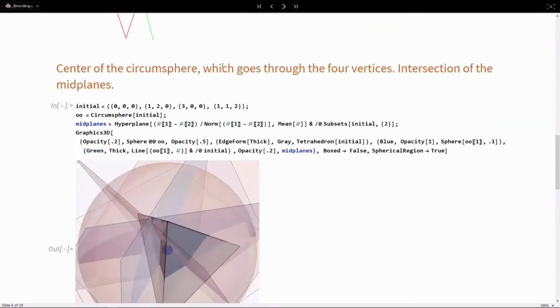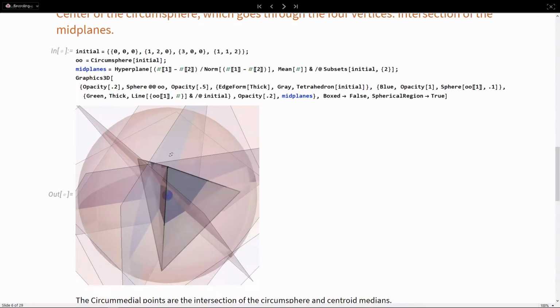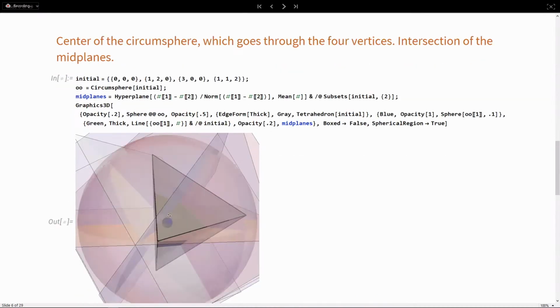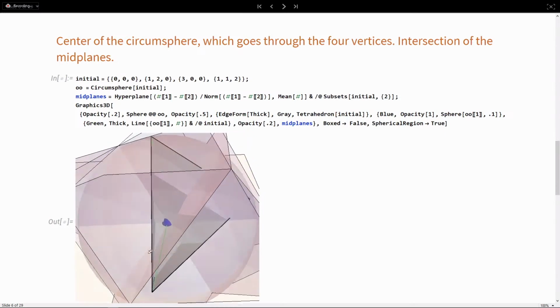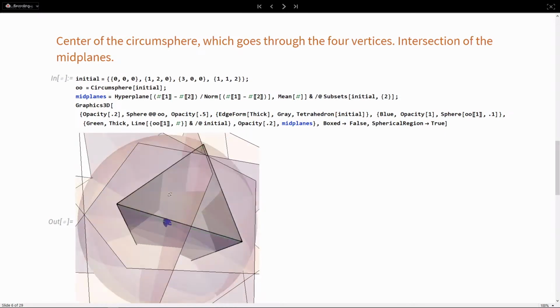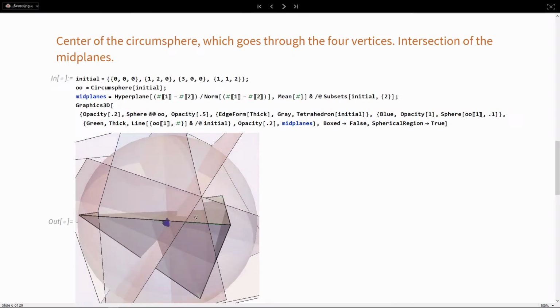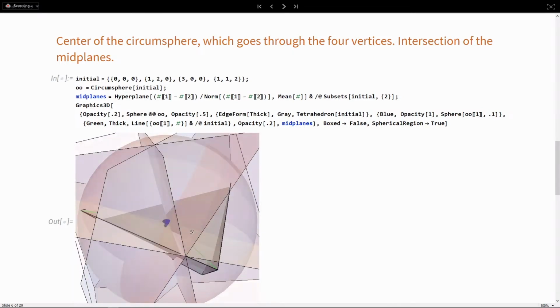Well, you can do that with the tetrahedron as well, but instead of perpendicular bisectors, you get midplanes. There are 6 midplanes which intersect at the center of the circumsphere.